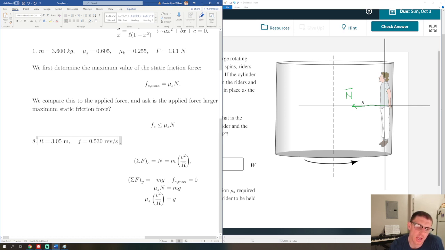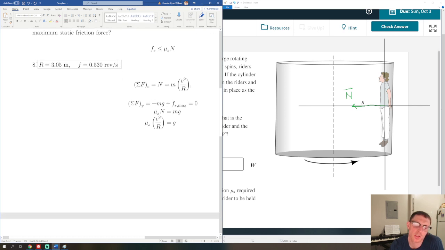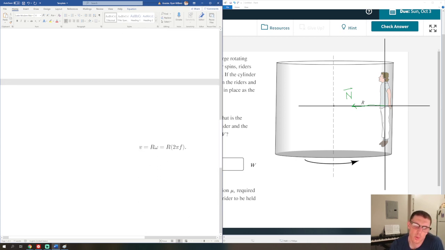So it seems like you should be able to just multiply this by 2 pi r to get the tangential speed. But I would say that that's a great thing for you to try on your own and work out, right? But we can also just do this.